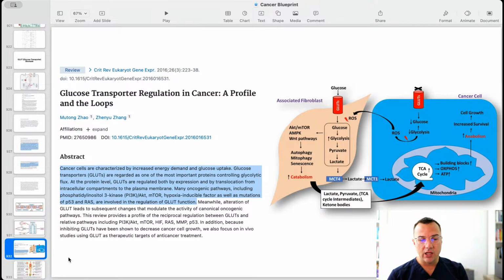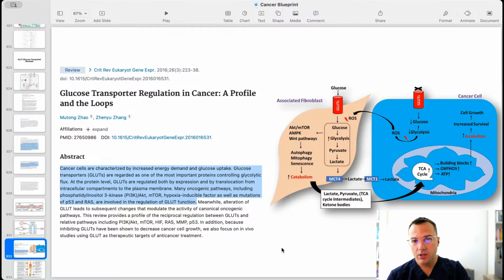At the protein level, GLUTs are regulated both by expression and translocation from intracellular compartments to the plasma membrane. Many oncogenic pathways, including the PI3K, AKT, mTOR, and the HIF, or hypoxia-inducible factor pathways, as well as mutations in p53, RAS, are involved in the regulation of GLUT function.